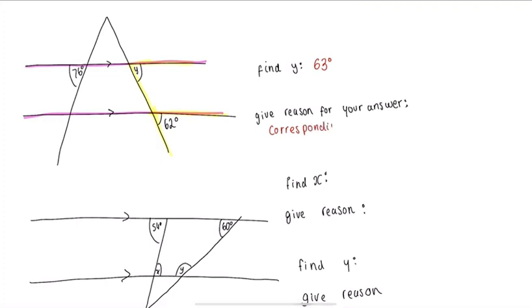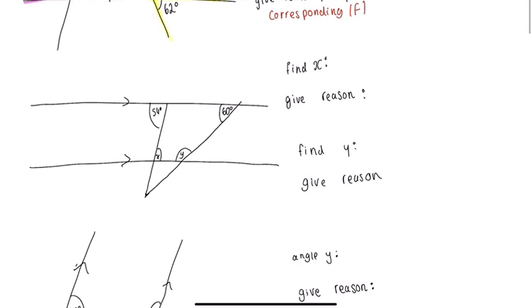Now for this next one, again focusing on the idea that we've got two parallel lines here and these two are just intersecting. So we have to be careful when we're drawing our shapes that we're doing it on those two parallel lines. So it's asked me to find x.